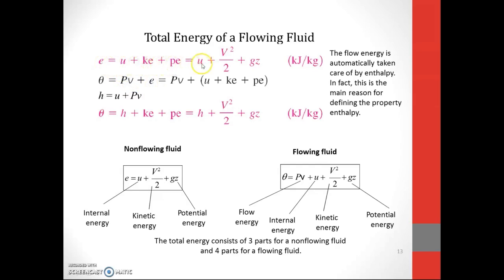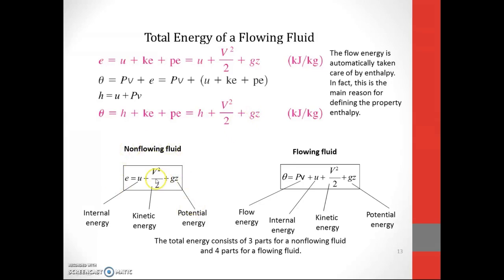We know that e is equal to this, so theta equals PV plus all the things here. We know that h equals u plus PV, so when we have u plus PV, you get this equation: theta equals h plus V squared over 2 plus gz.